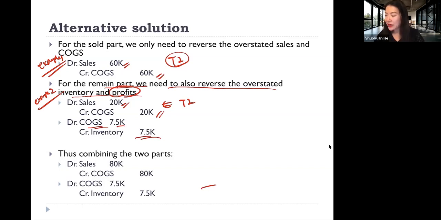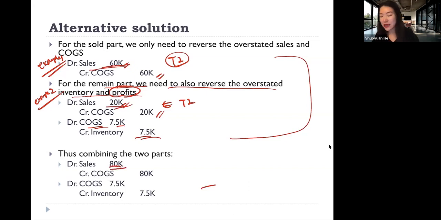So if you combine these two entries as one entry, you basically get sales, 60 plus 20, combined into 80,000. Cost of goods sold, 60 plus 20, is combined into 80,000 as well.